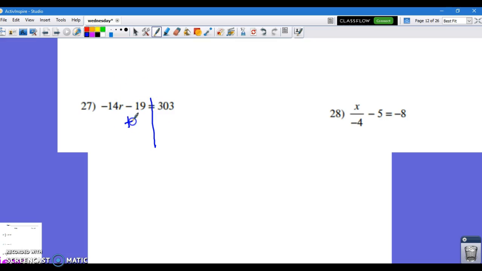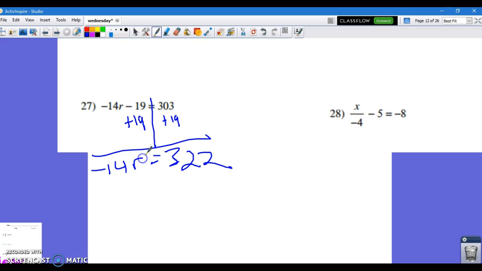Here we go. Add 19, add 19. 303 plus the 19 is 322. That cancels out, so I have my negative 14r. Okay?